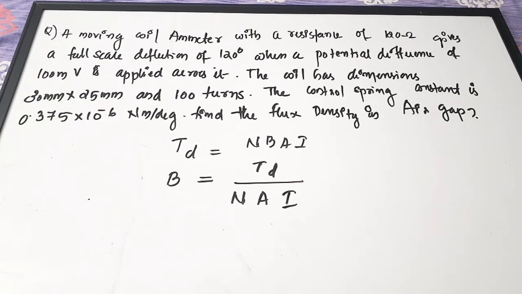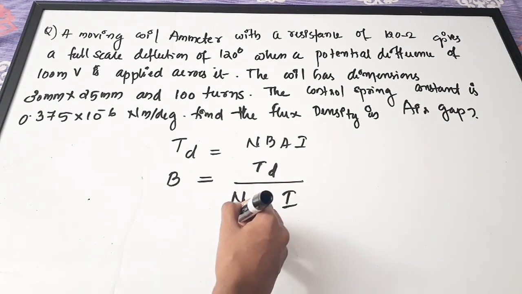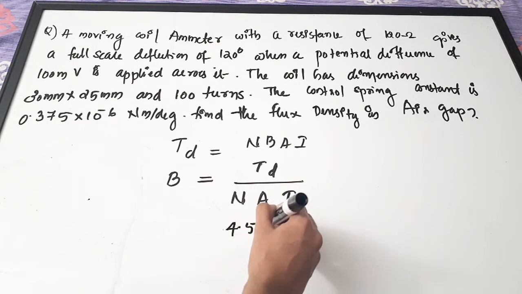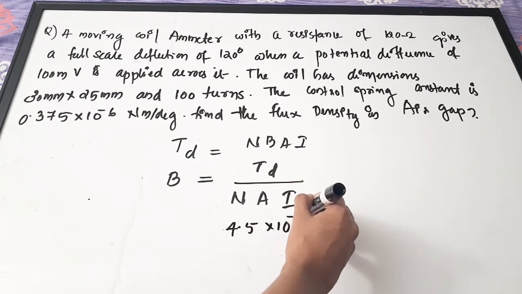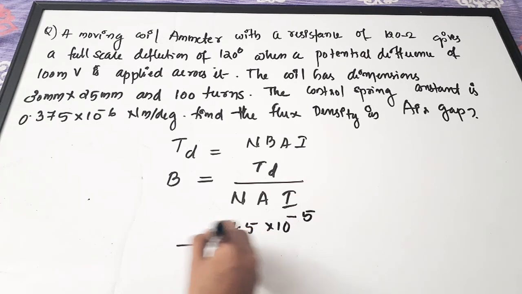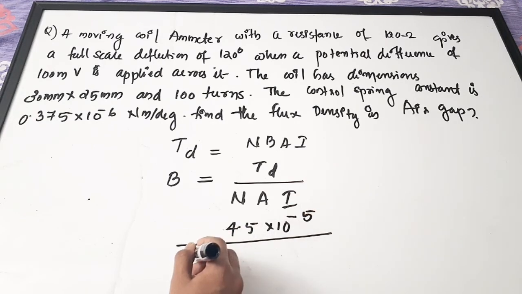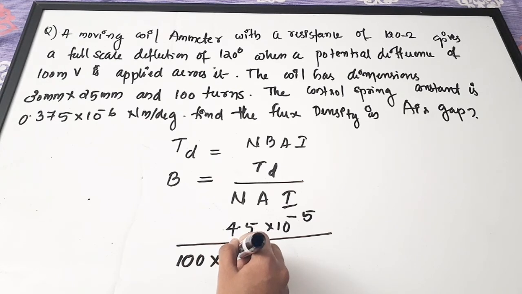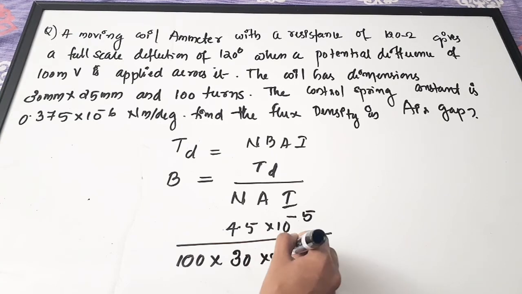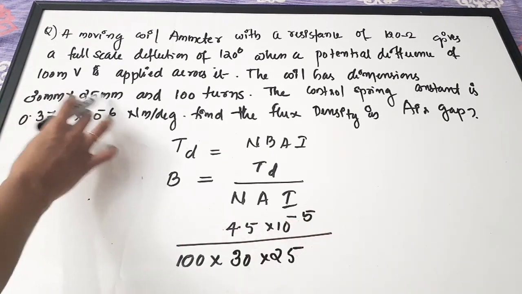First we'll substitute the value of TD. TD is 4.5 into 10 raised to minus 5, which we have obtained, divided by N. What is N? It is 100 turns. So 100 into what is L and D? It is 30 into 25. But remember that these two values are given in millimeters.